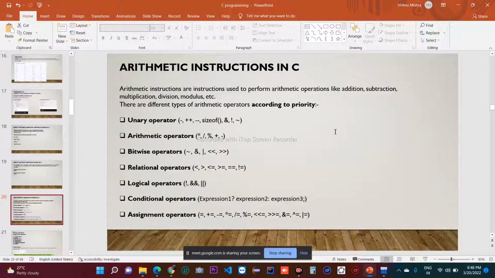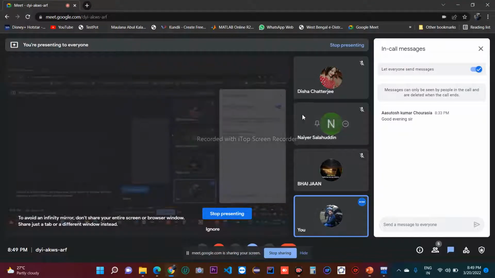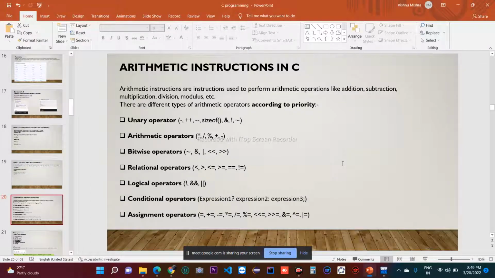For example, in childhood, I guess you all have done BODMAS in maths. You remember BODMAS? In BODMAS, what do we do? First we do division, then multiplication, then addition, and then subtraction.